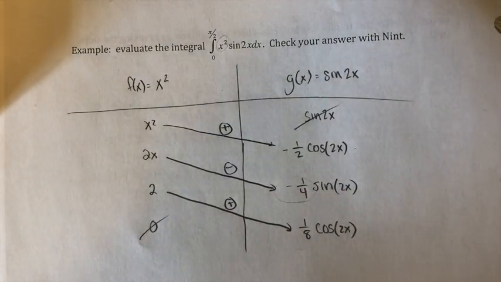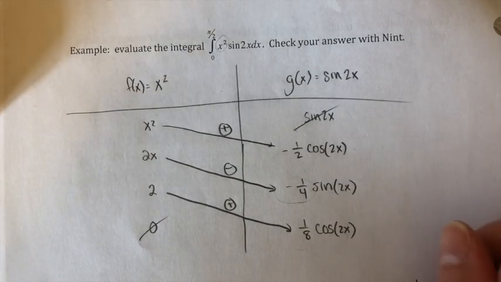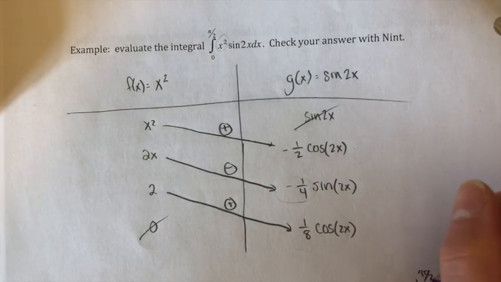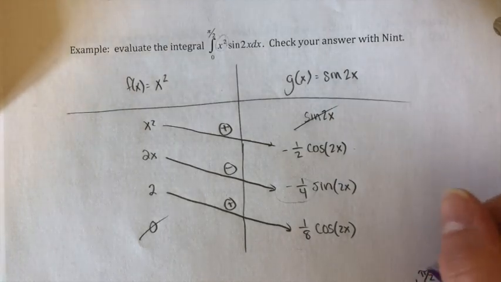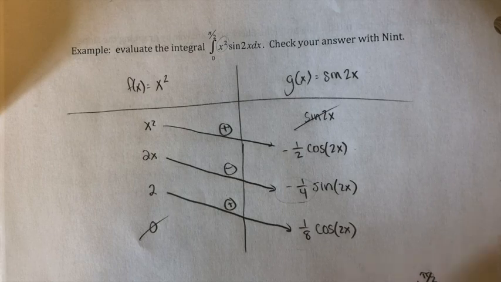So there's our integral. And we're going to have to evaluate that from 0 to pi over 2. So we'd have to plug pi over 2 in and then subtract what we get when we plug 0 in for x.